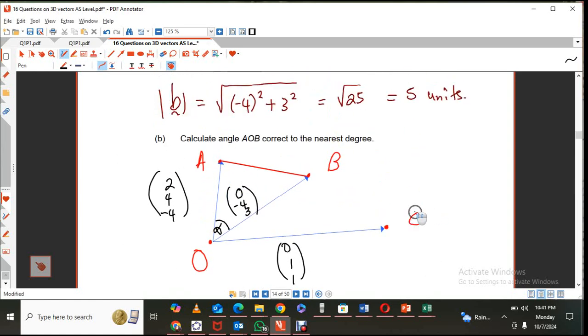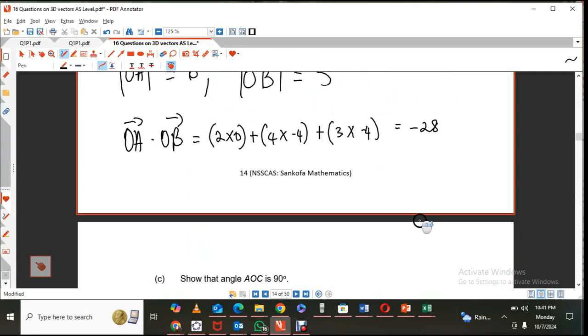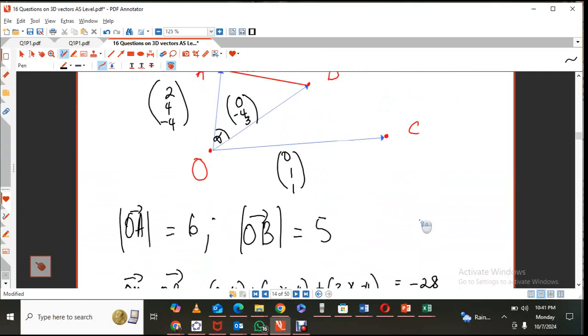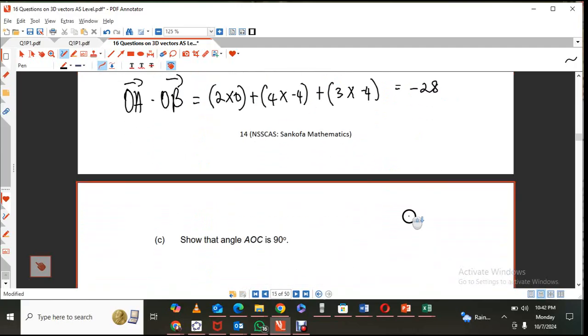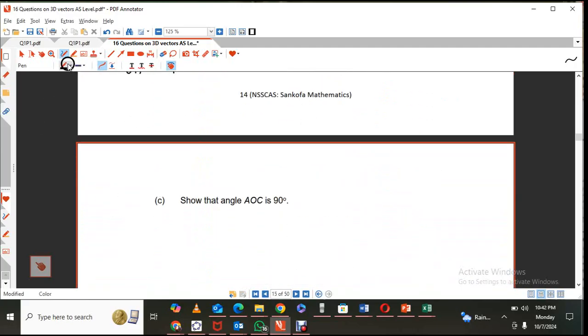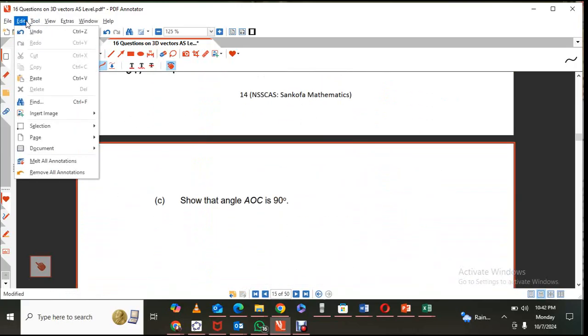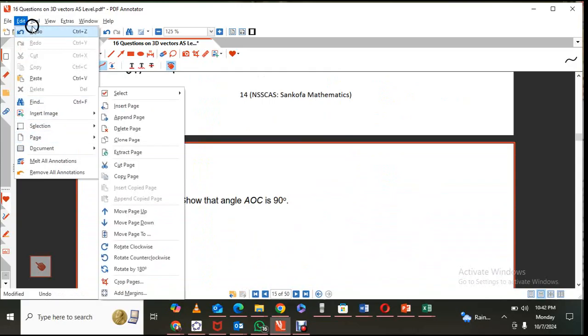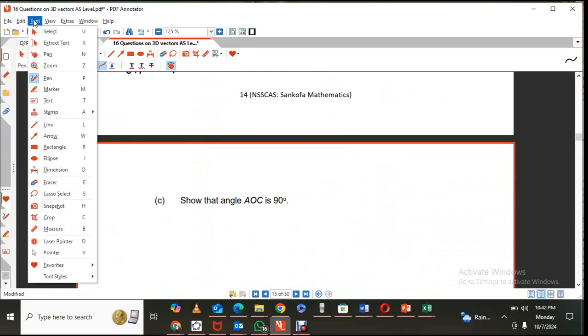Right, so now I can actually calculate that angle. Because they say calculate the angle, I'm just going to insert a page.